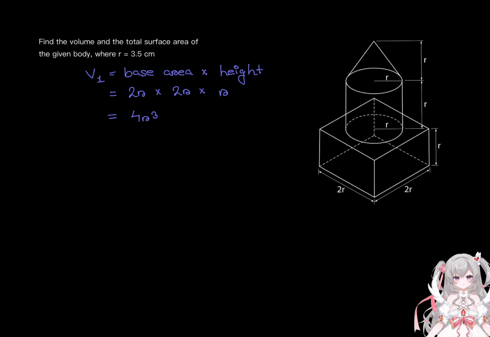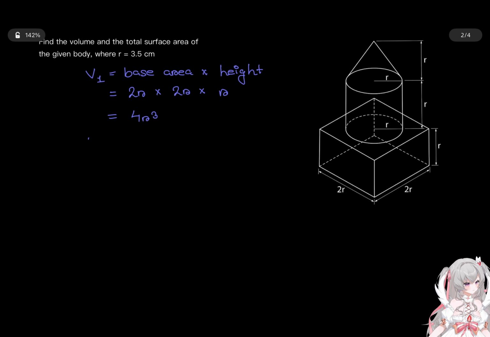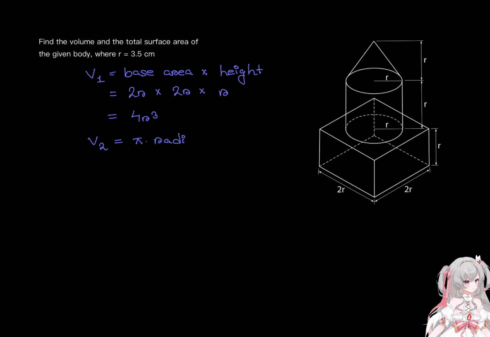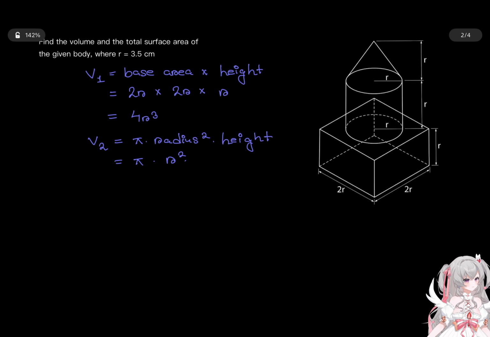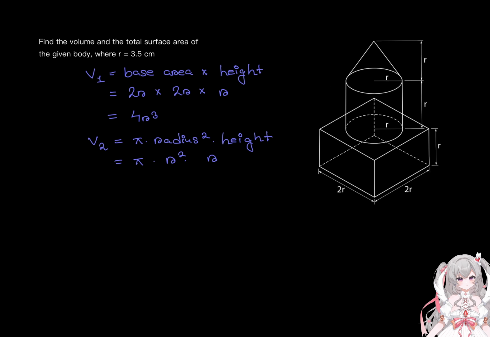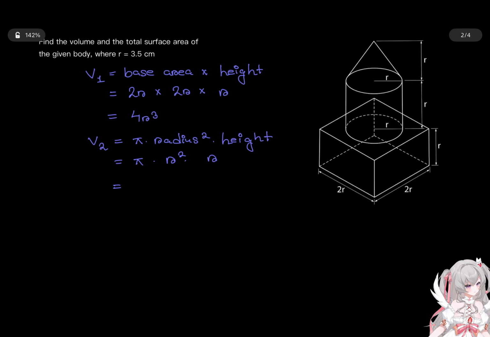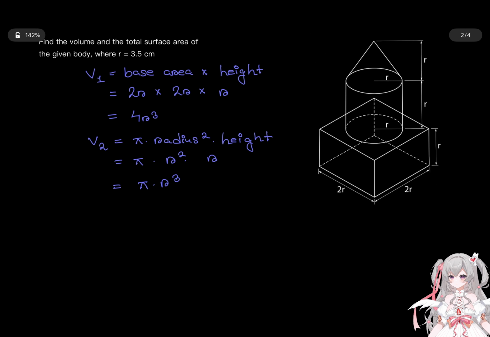And now to calculate the volume of the cylinder, we need V2 is equal to pi multiplied by radius squared multiplied by height, where the radius is r and the height is also r. So substituting gives us pi r cubed. And this is the volume of this cylinder.